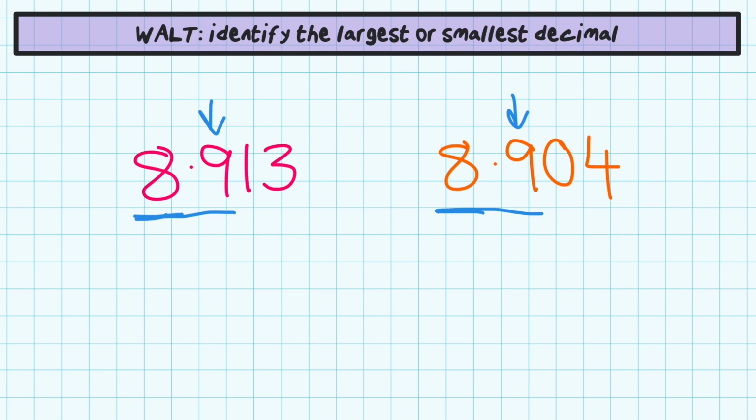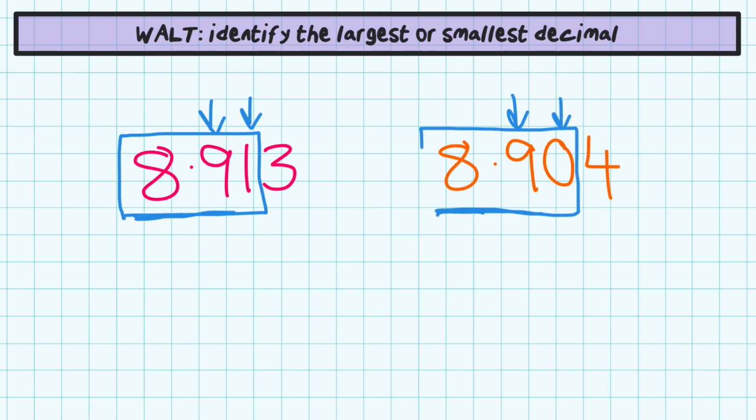But our next number is looking a little bit different. Our hundredths, right here, we have 1/100th. Over here, we have 0 hundredths. So we can stop there. That means 8.91, I'm just going to break that apart, is bigger than 8.90.